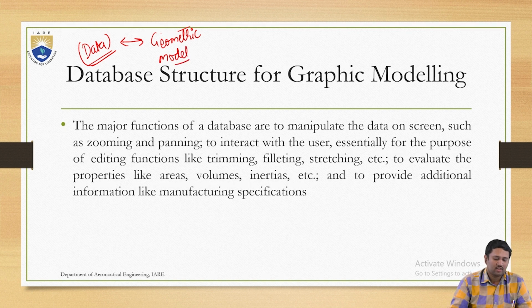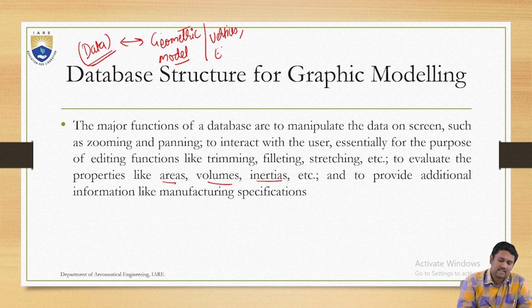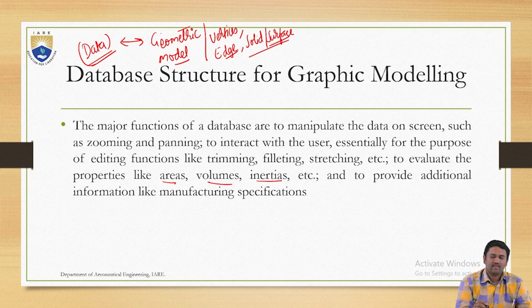For a geometric model, the data is basically your areas, volumes, inertias, as well as your vertices data, edge data, and solid as well as surface data, which collectively give you the properties for your geometric model such as area, volumes, inertias, etc.